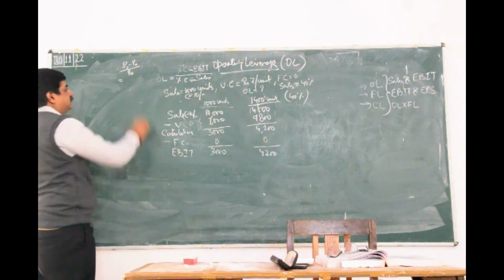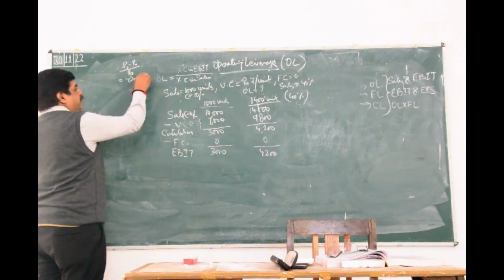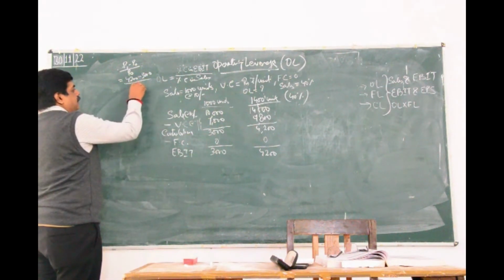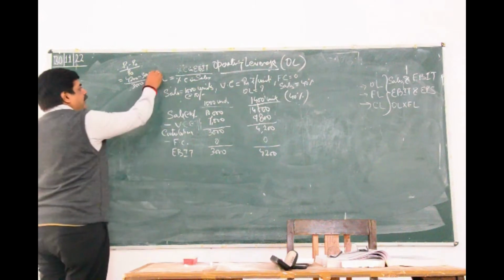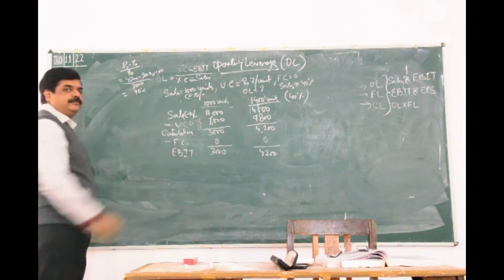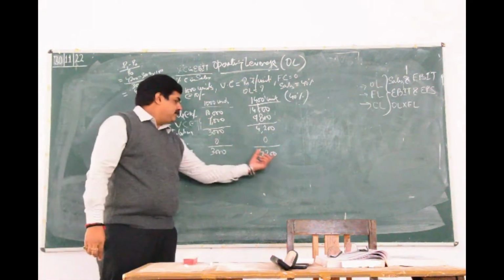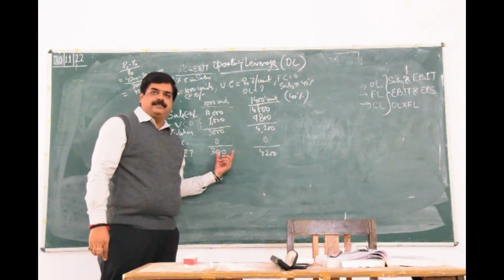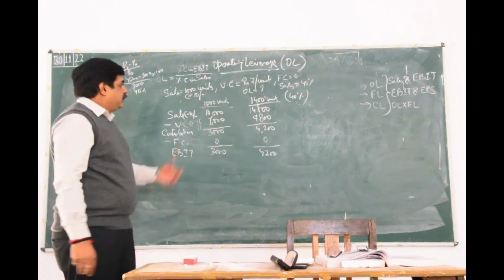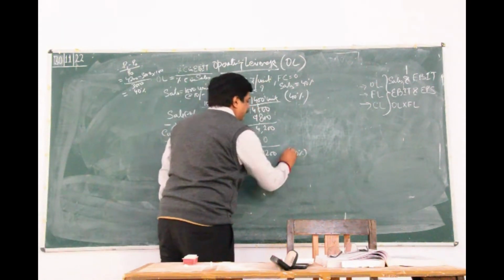P1 is the current 4,200 minus P0, earlier, previous 3,000, divided by 3,000 multiplied by 100. You will get 40% only. This minus this, divide by this, multiply by 100, you will get the percentage change. So here we are having 40%.